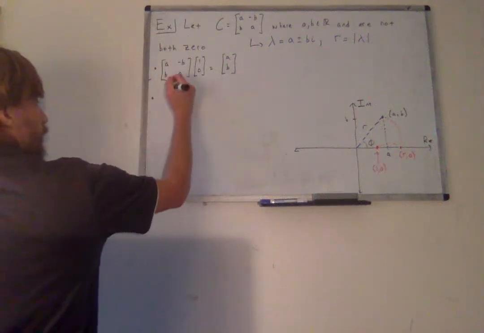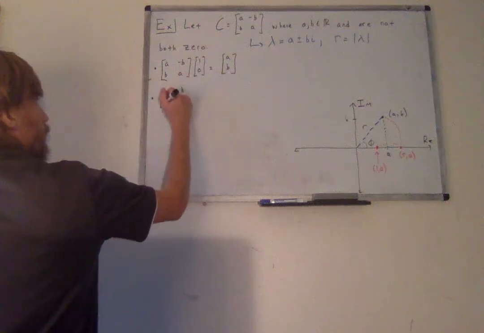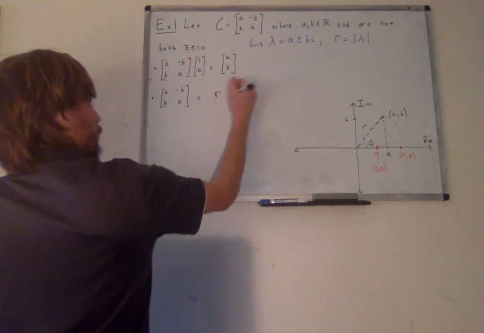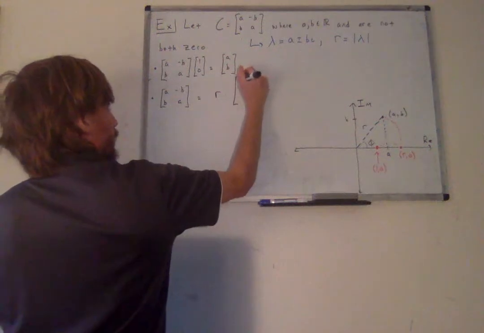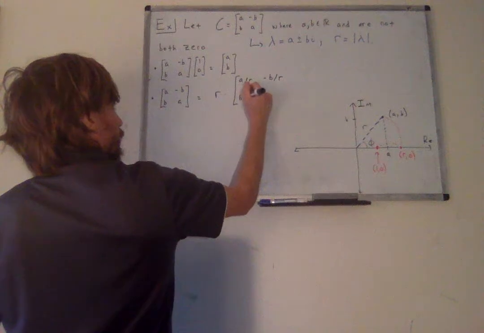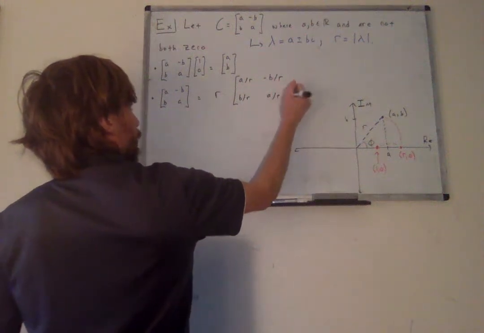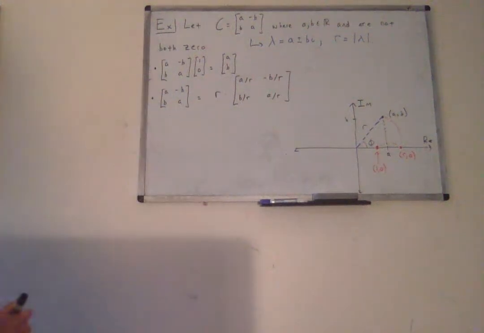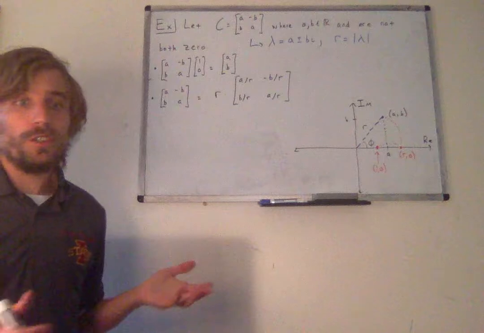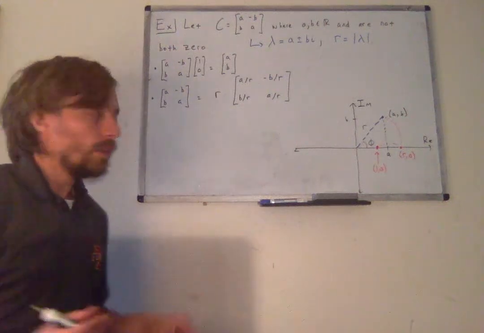Well, we can rewrite C in the following way. Notice that I can factor out r from this matrix like so. All I did was pull the factor of r out of each term, and it doesn't even matter if the terms are divisible by r. I can just do it.